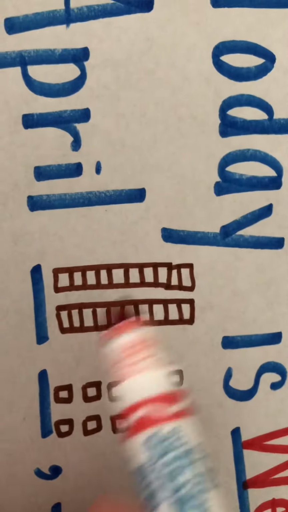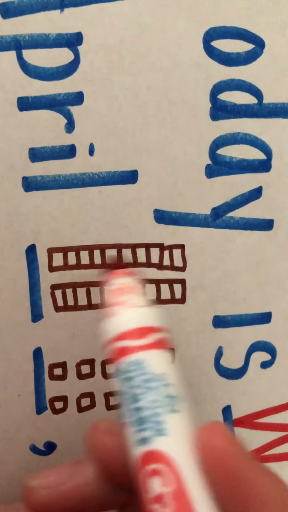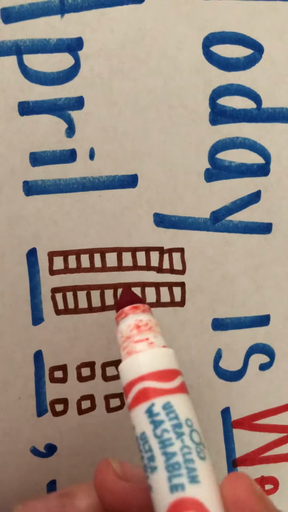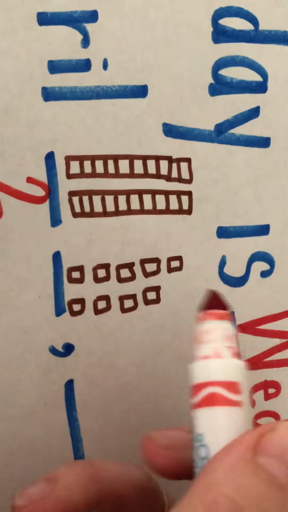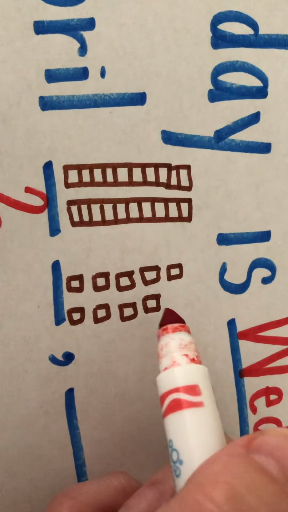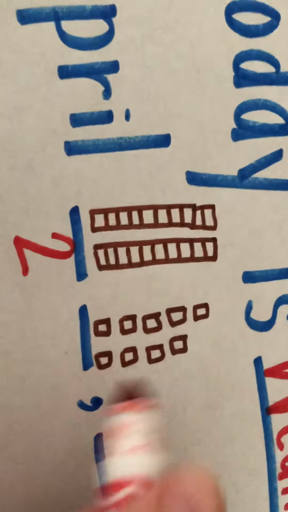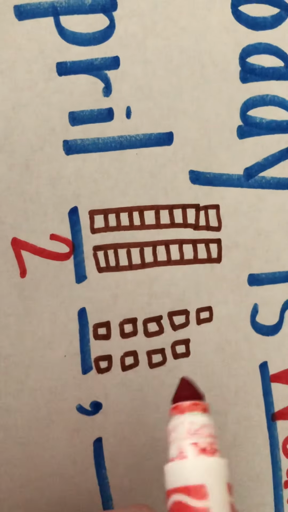All right. So let's see. We've got some tens and ones here. So here are our tens. Here are the ones. So we have 1 ten and 2 tens. So that's where we would write the number 2. Let's count our ones. 1, 2, 3, 4, 5, 6, 7, 8, 9. And I can write the number 9 there. But before we do that, let's start with our tens and then add on.